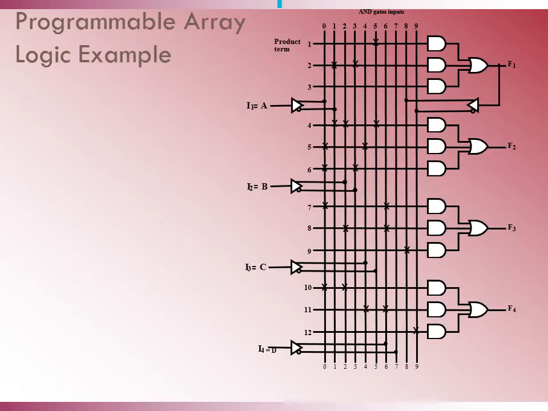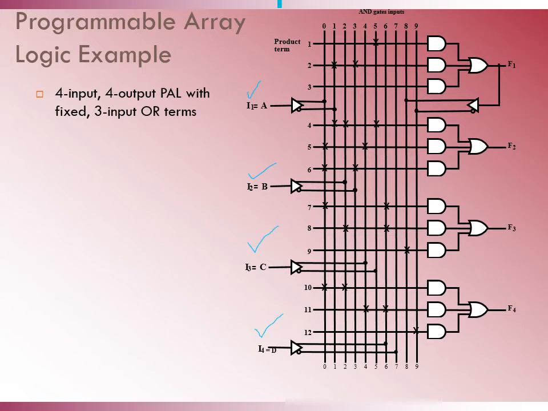Let us consider an example of a PAL whose size is given as 4 input, 4 output with fixed 3 input OR terms. By 4 input we mean that the SOP expressions have 4 variables or literals, which are shown as A, B, C and D in this diagram.